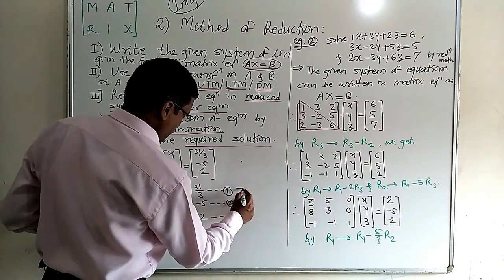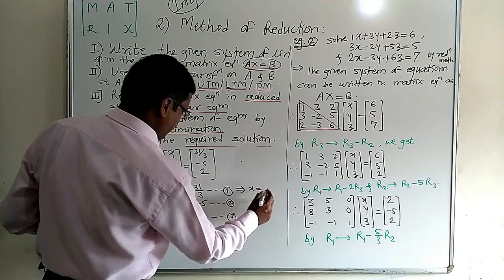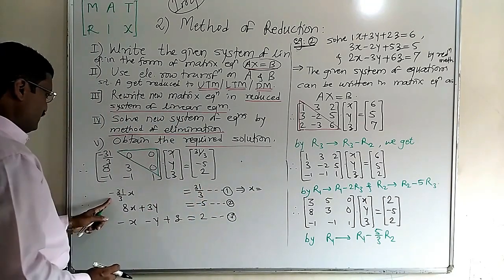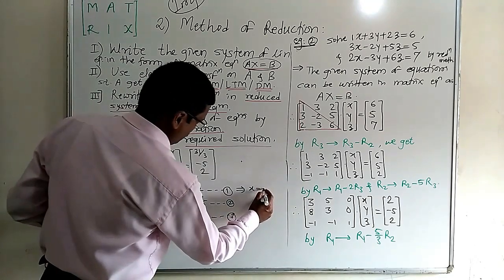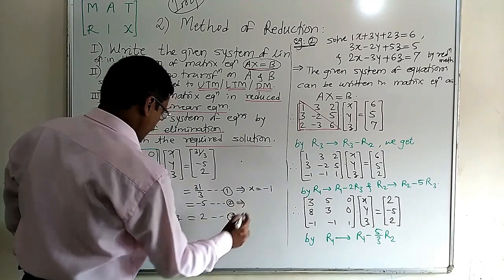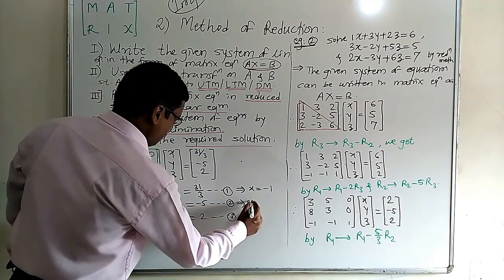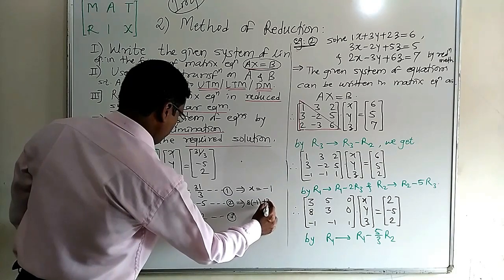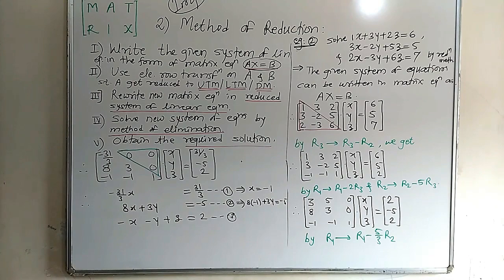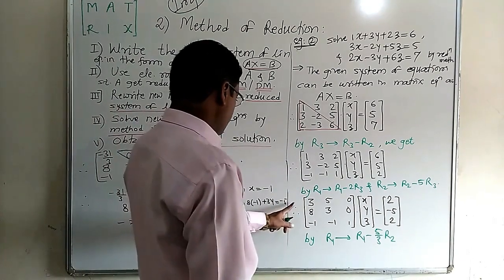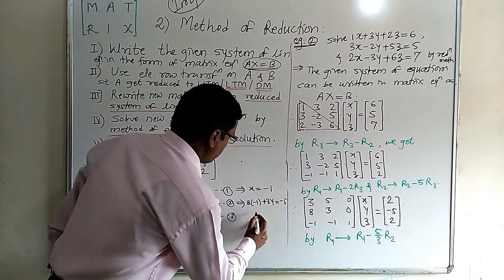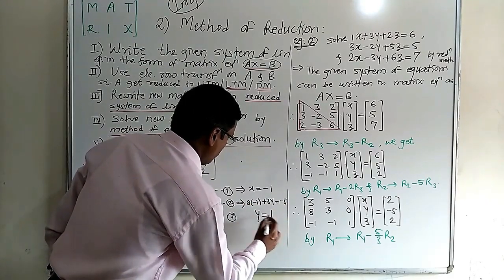From the first equation we get the value of x: the 3 will cancel, 31 also will cancel, and minus 1 remains. So x equal to minus 1. Okay, x equal to minus 1, in the second equation we get 8 into minus 1 plus 3y equal to minus 5. So this is minus 8, taking this to the right it becomes plus 8, minus 5 plus 8 is 3. So 3y equal to 3, which implies y equal to 1.